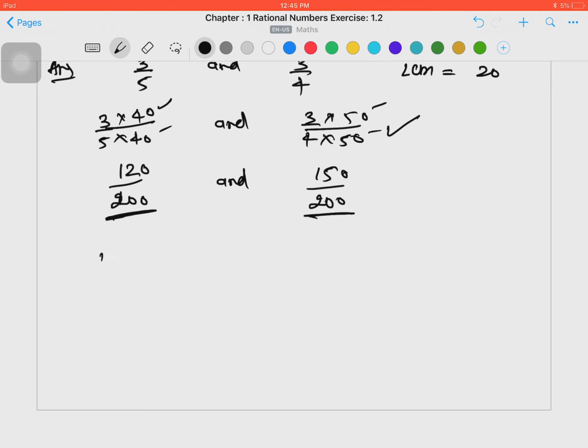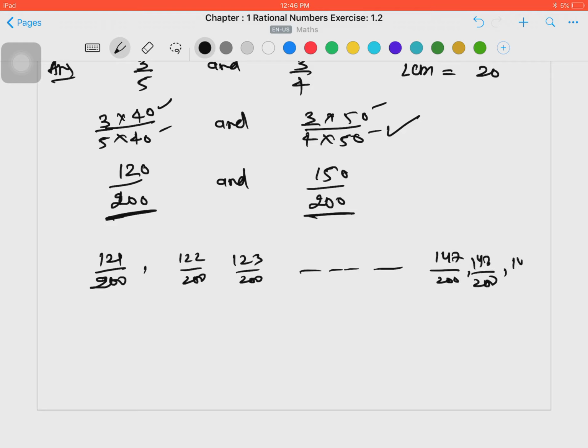So numbers can be 121 by 200, 122 by 200, 123 by 200, and so on till 147 by 200, 148 by 200, 149 by 200.